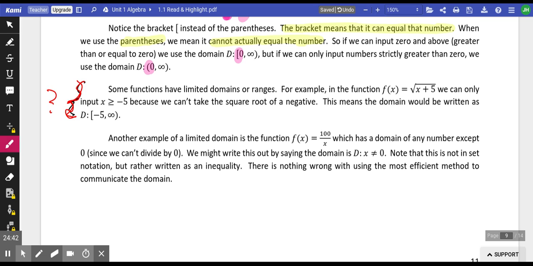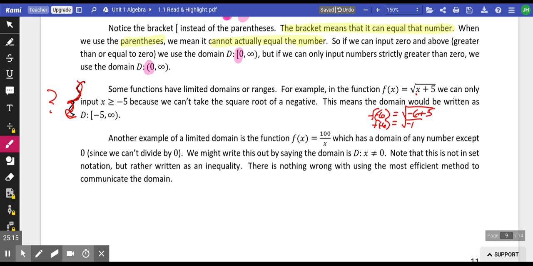What this is really saying, and what I would explain to you in class, is, let's say I put negative 6 in for that x. So let's say I did f of negative 6. That would be the square root of negative 6 plus 5. Well, negative 6 plus 5 is negative 1.